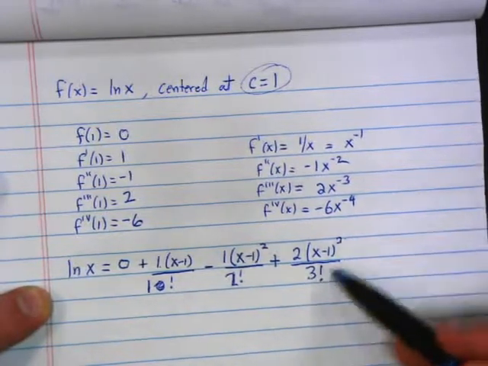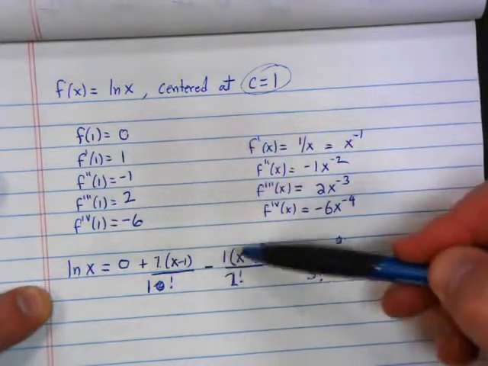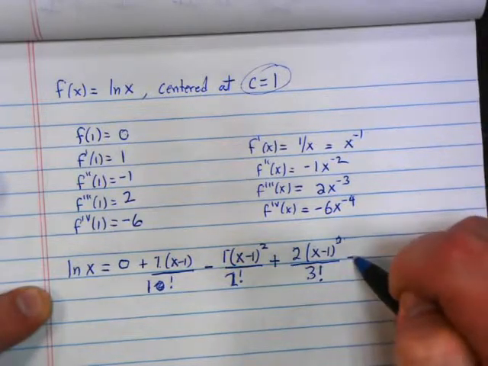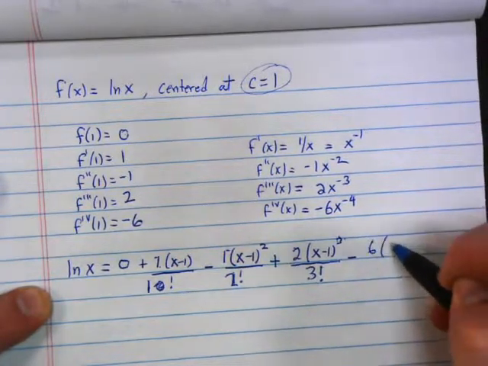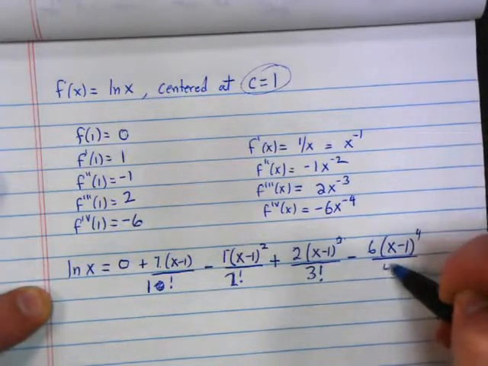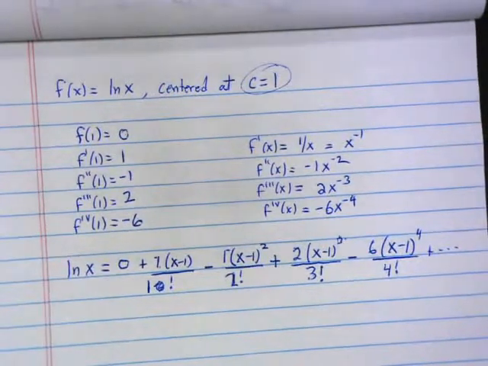The factorials match the powers. These numbers are just my coefficients. 1, 1, 2, okay. Then the next one would be minus 6 times x minus 1 to the 4th over 4 factorial, plus, and it would continue on and on and on forever.